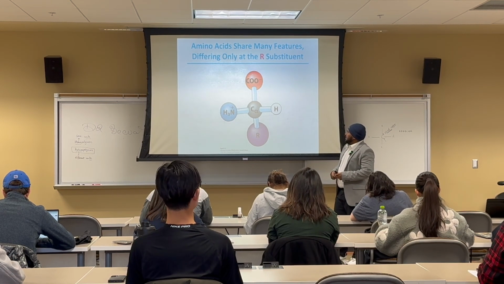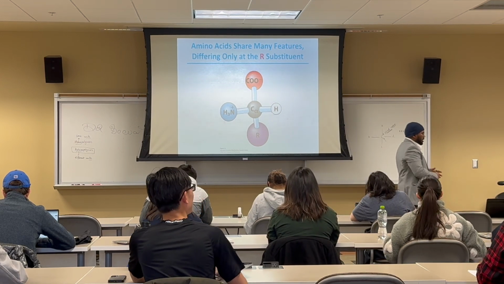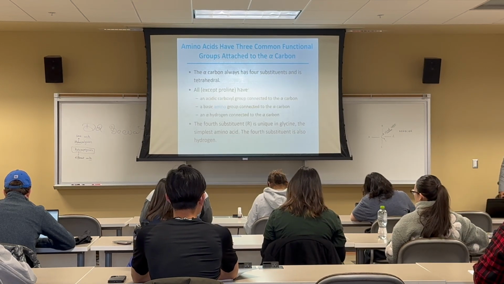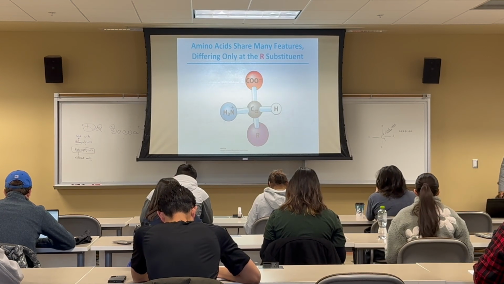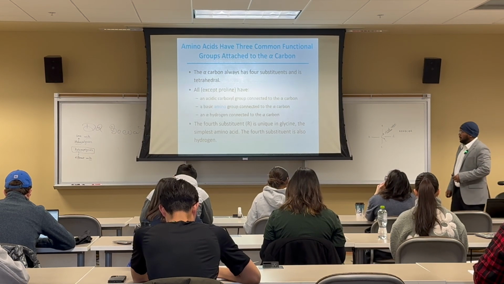That is also why all these amino acids are called alpha amino acids. There could be beta or gamma amino acids, and I can introduce you to those later on. I think up till now we are familiar with the alpha carbon.